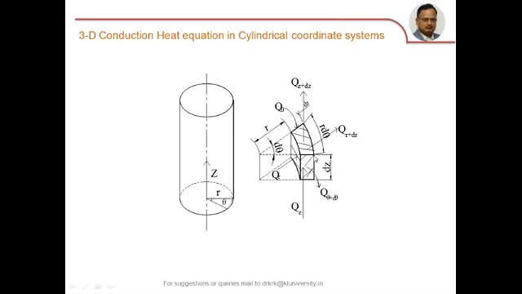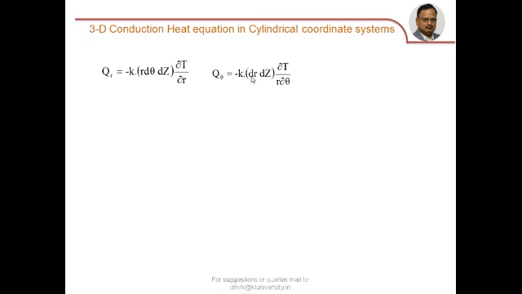This face area has height dz and width dr. So the face area is dr into dz. And in the theta direction, the equation is Q_theta equals minus k dr dz into dT by the thickness r d theta.